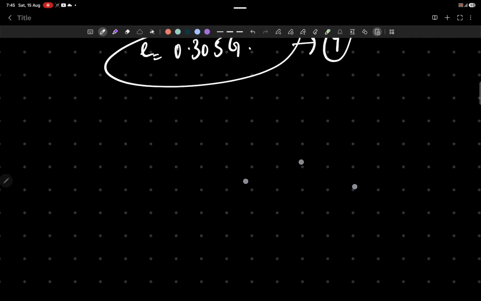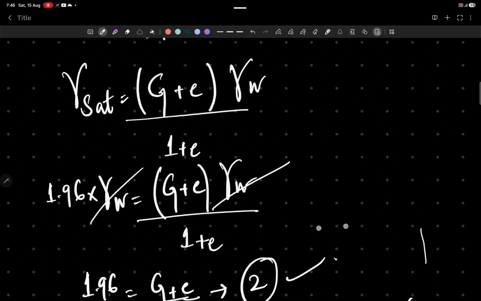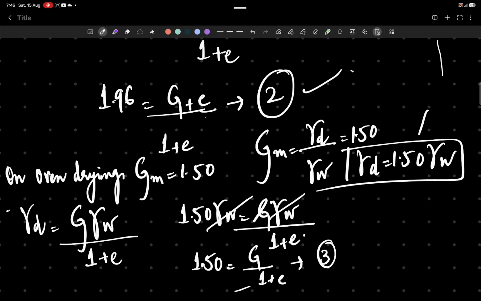Now let's go back to equation number 2, which is 1.96 is (G plus e) divided by 1 plus e.